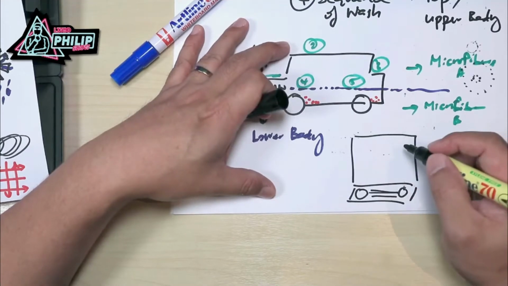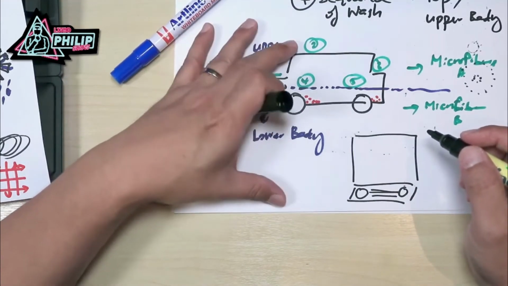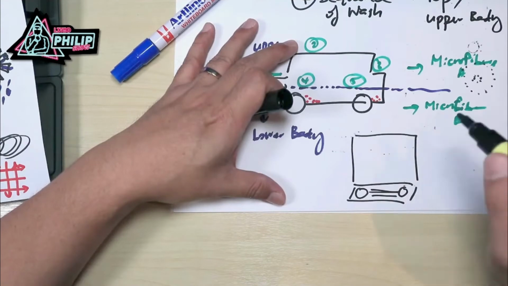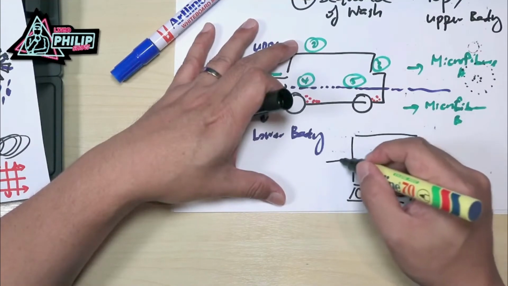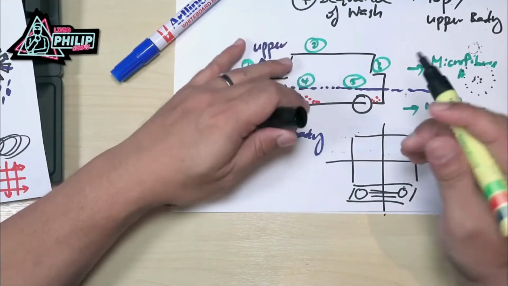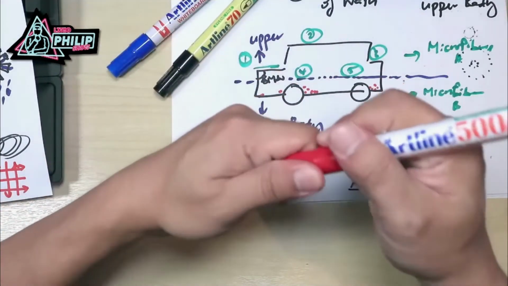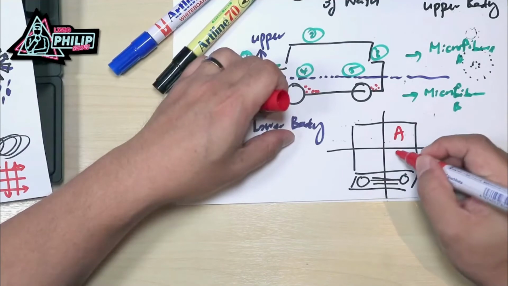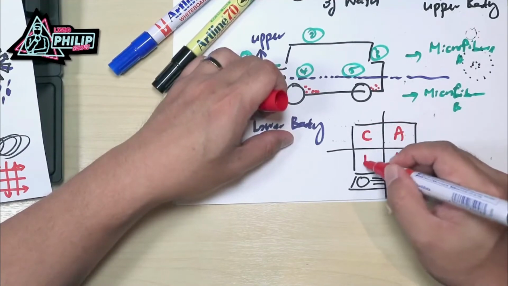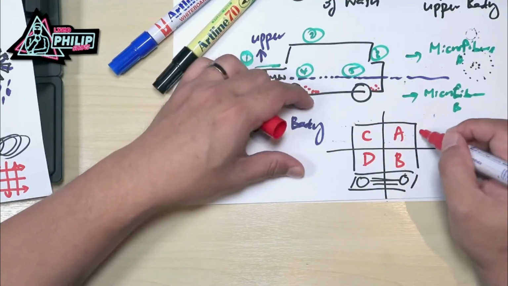Now remember, we talk about section by section. What do we mean by section by section? When we talk about a section, we always split it into four quadrants. We call them section A, section B, section C, section D. So we always start from here first.